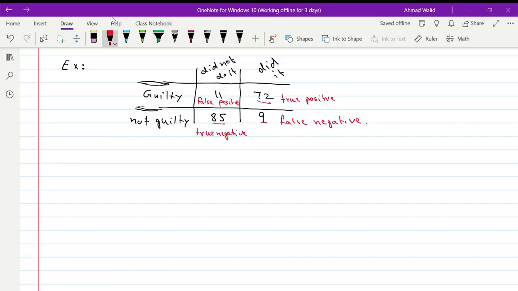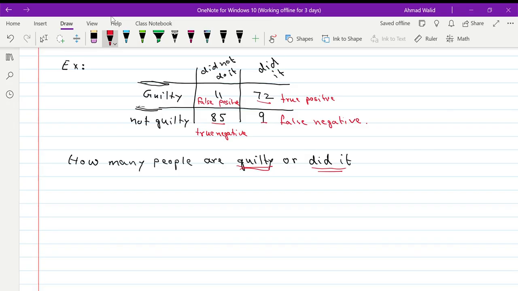I want to answer this question: how many people are guilty or did it? We want to answer this. How many people are guilty or did it? Correct?